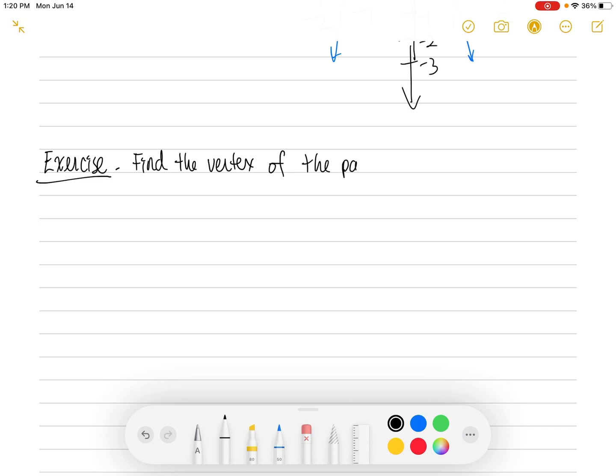This one says find the vertex of the parabola and sketch its graph.